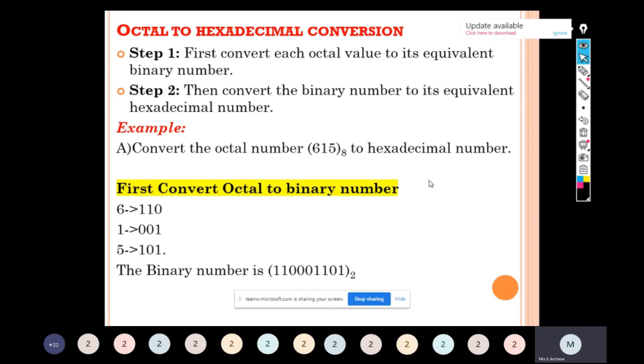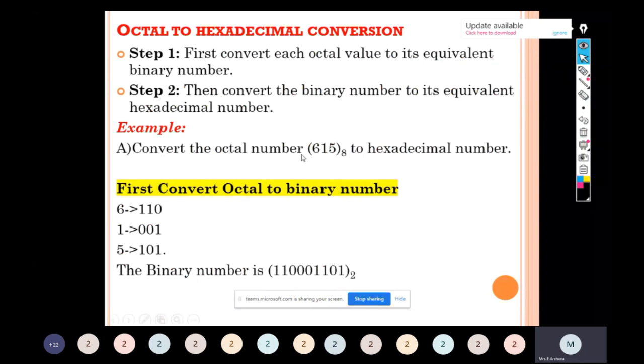We are going to convert these with the help of two steps. How is it? Step one: first the given octal value is converted into binary number. Then the intermediate binary number is converted into hexadecimal number. So it is a two-step process.